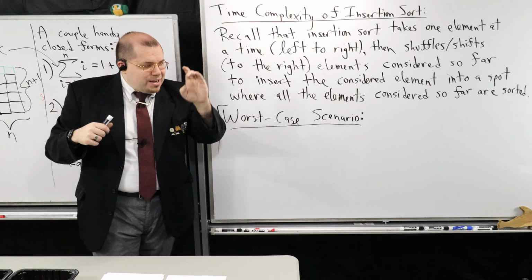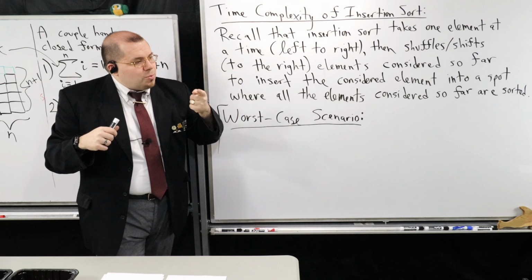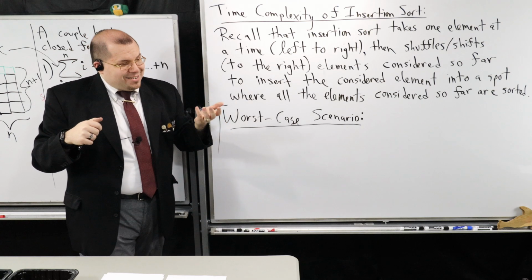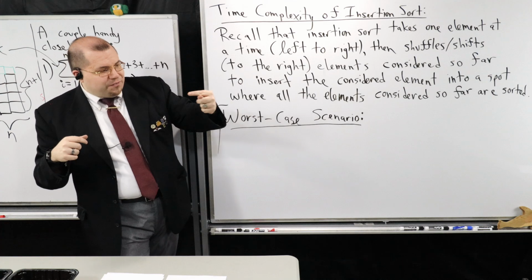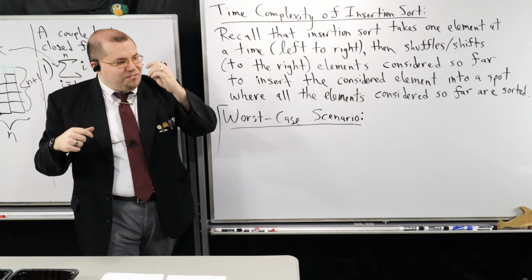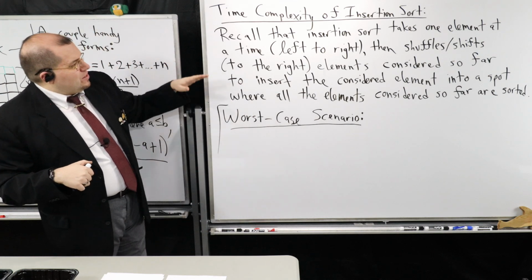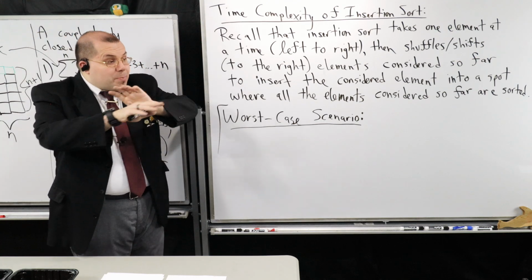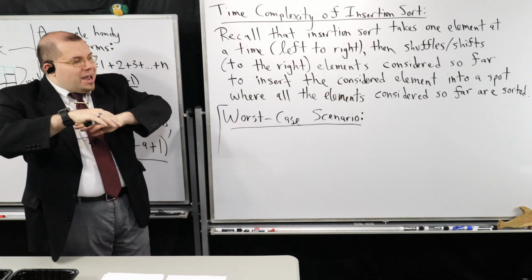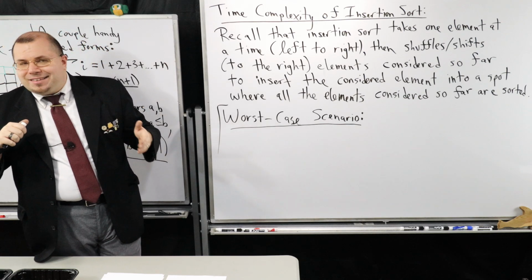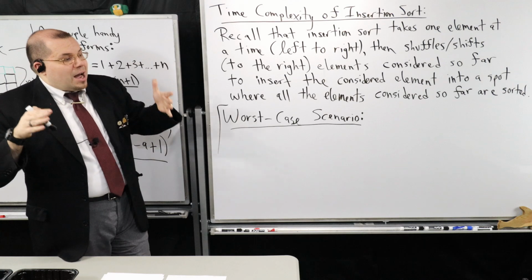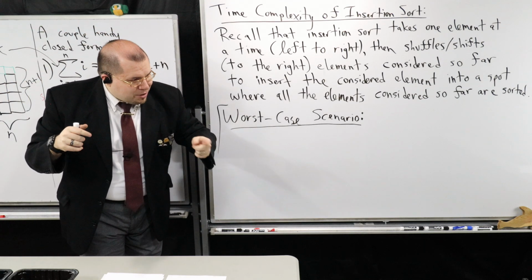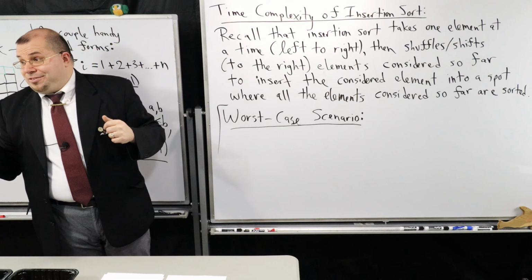Each time we consider a successive position, if it's in a spot where it doesn't belong, we shuffle it to the furthest left where it fits. So we're shifting over or swapping elements to make way for the element we're considering until it fits in the spot, and everything up to that point will be sorted just before where we initially considered.